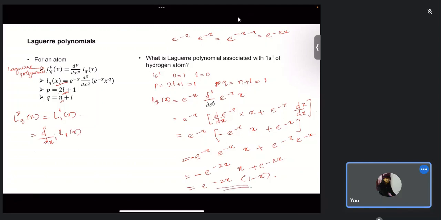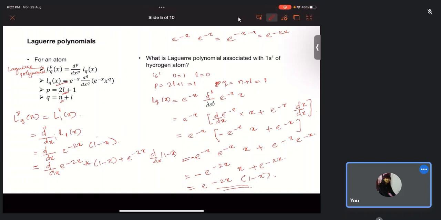It is going to be d by dx of e raised to minus 2x into 1 minus x. So we can do differentiation by parts: derivative of the first function into 1 minus x, plus e raised to minus 2x, d by dx of 1 minus x. I think I may need one more slide to solve this.